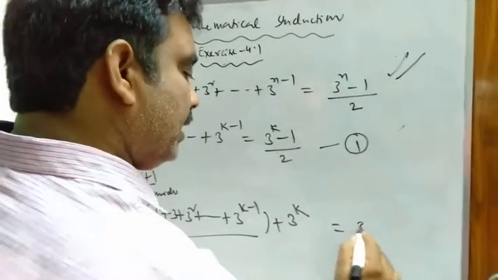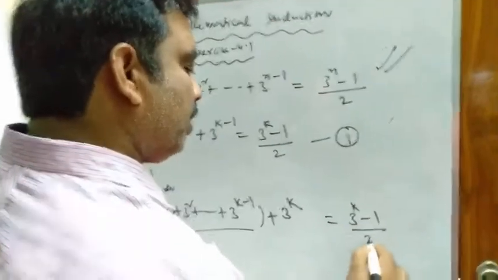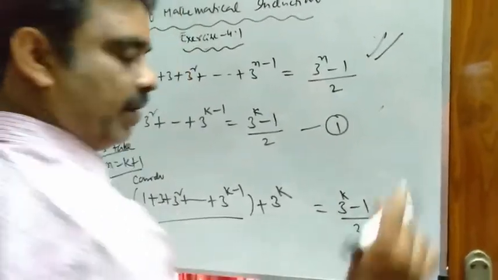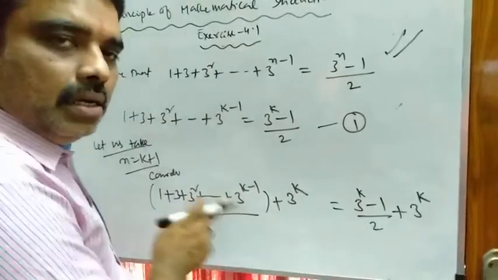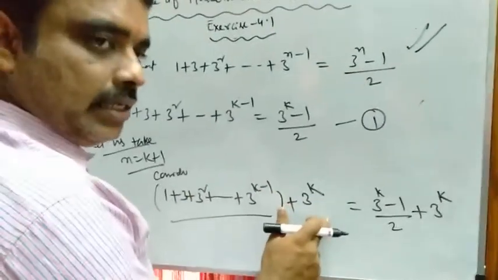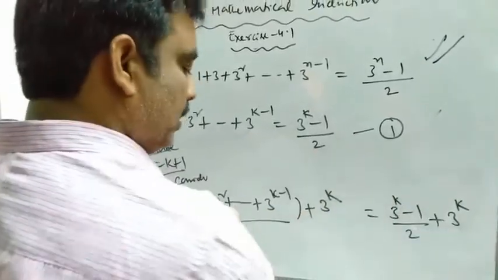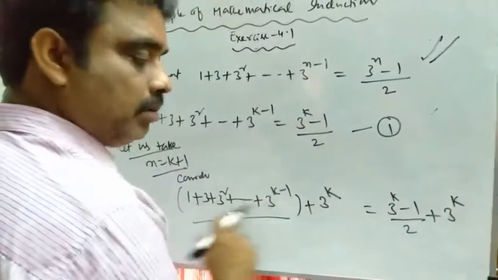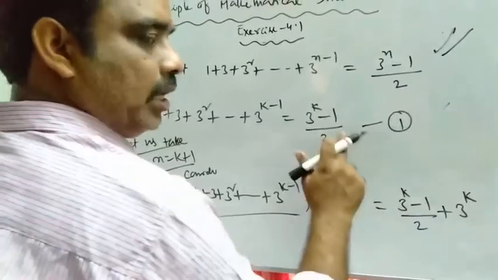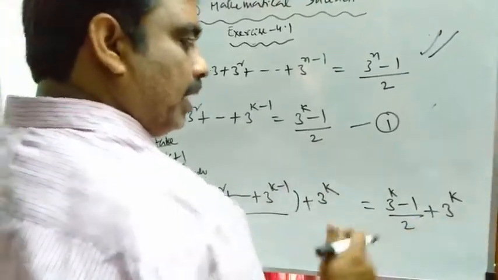So on the right hand side it is (3 power k minus 1) by 2 plus 3 power k. I am adding one more term. So this entire result is (3 power k minus 1) by 2, as per equation number 1, plus 3 power k.